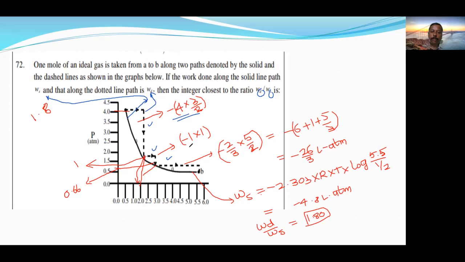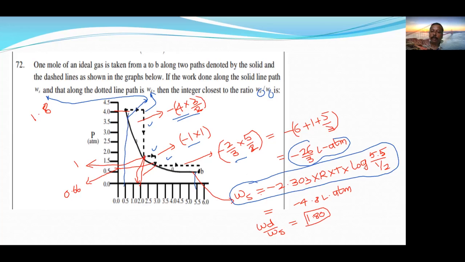P delta V, P delta V, P delta V. So you will get the total work, and this is an isothermal, reversible process. Therefore, we can use this formula. So here, what is the final volume? 5.5. What is the initial volume? V2 by V1, so 1 by 2. Then you will get 4.8 liter atmosphere.